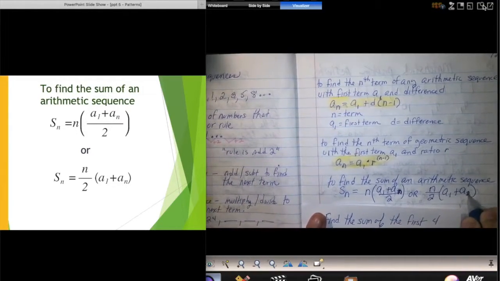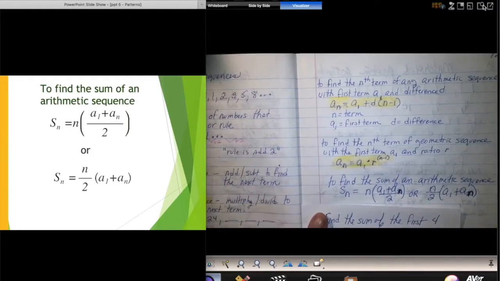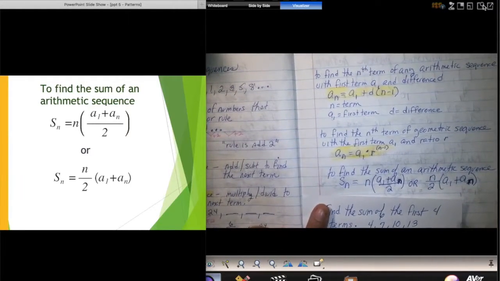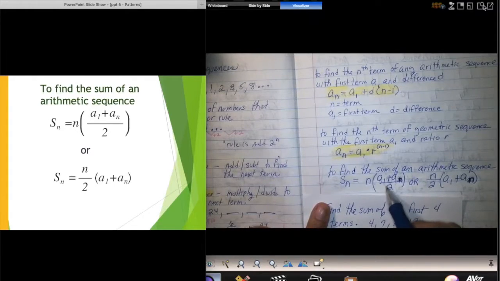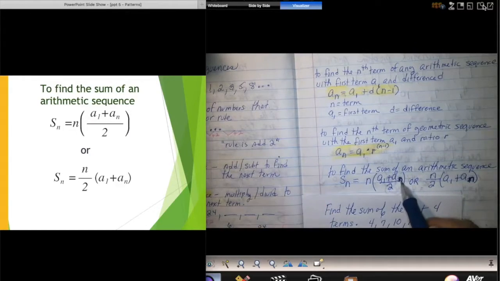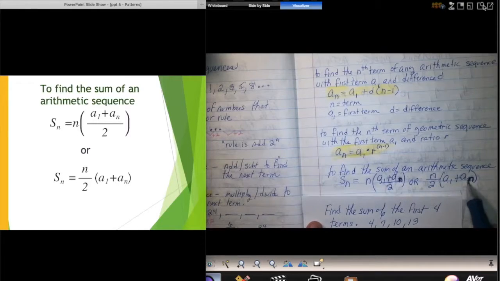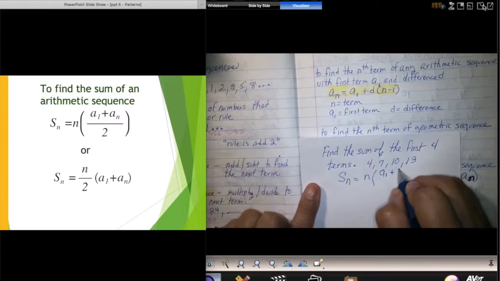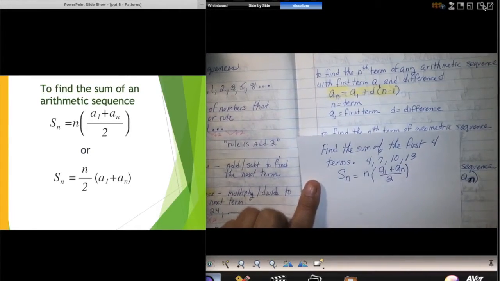Okay, so let's add whiteout to our supply. Sorry about that. What happened? It should be n times, in parentheses, a sub 1 plus a sub n, all divided by 2, where n is the number they're giving us, in this case 4.